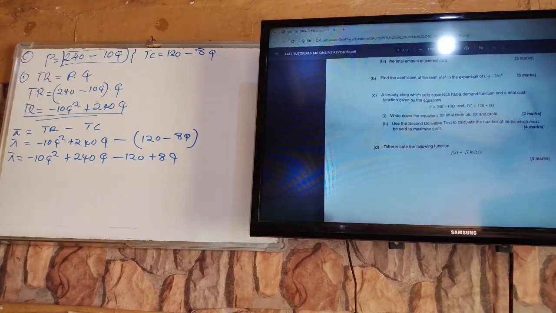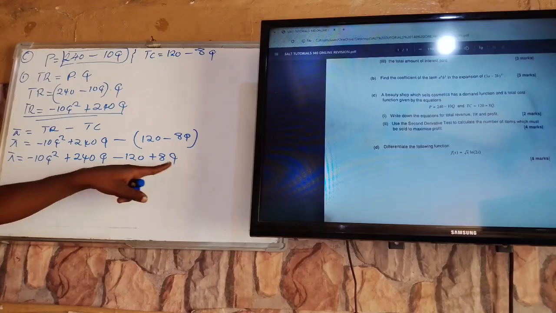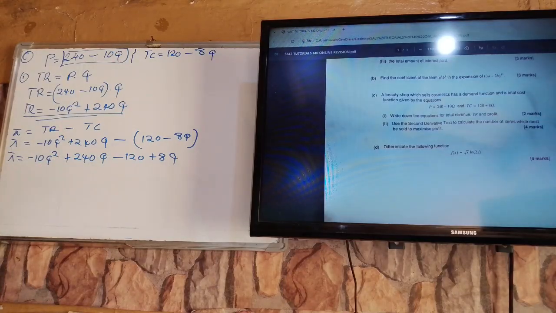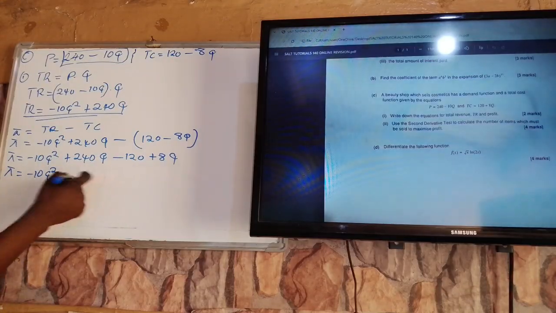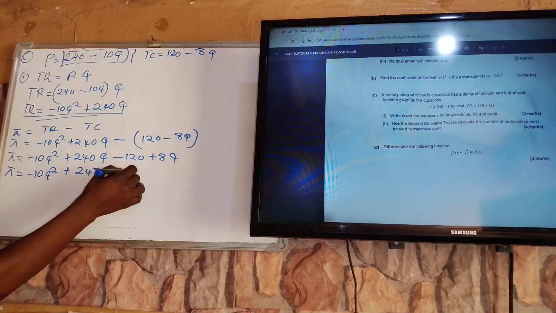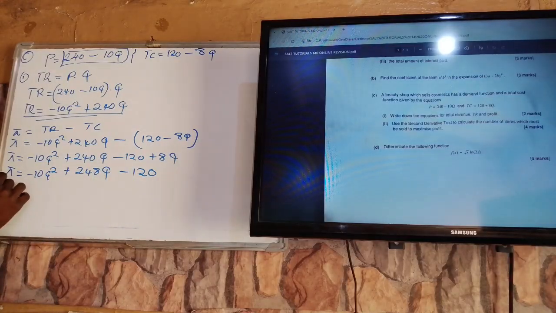Putting like terms together, 240Q plus 8Q gives 248Q, so profit equals negative 10Q squared plus 248Q minus 120. This will be my profit function.